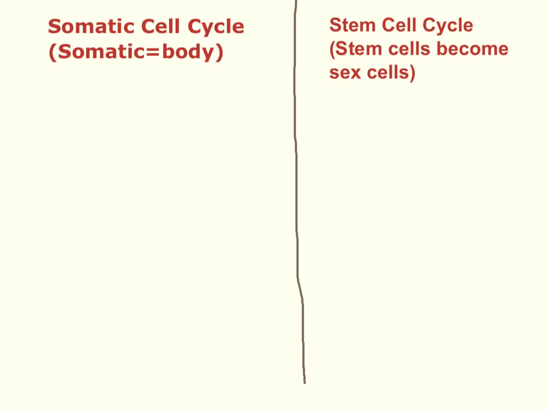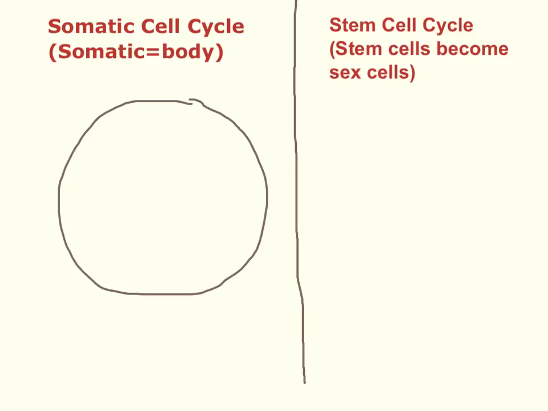So for cell cycles, if we compare mitosis and meiosis, the somatic cells, remember somatic means body, so over here will be the mitosis cell cycle. Just to quickly go through it. I don't think we need a huge reminder on this one.